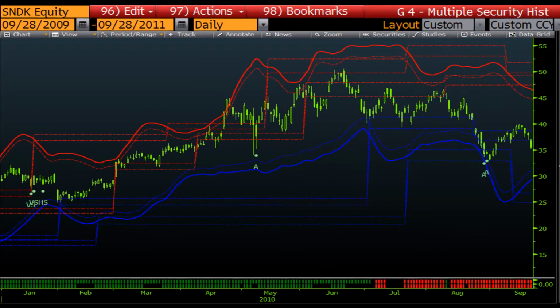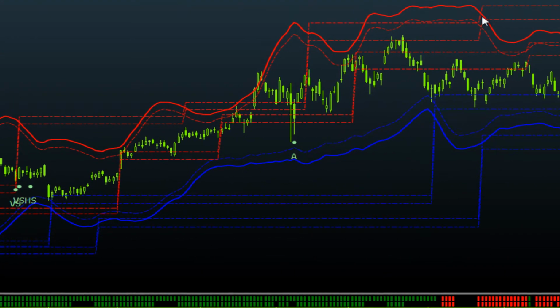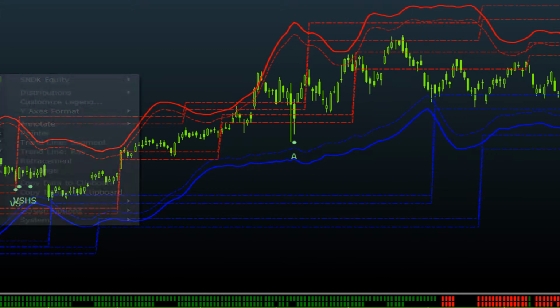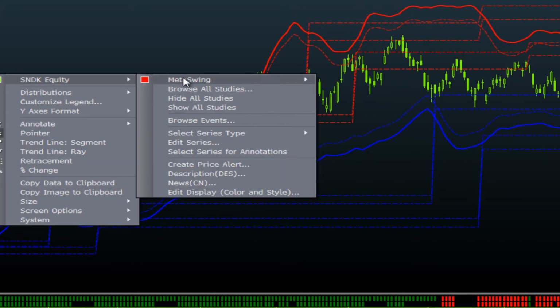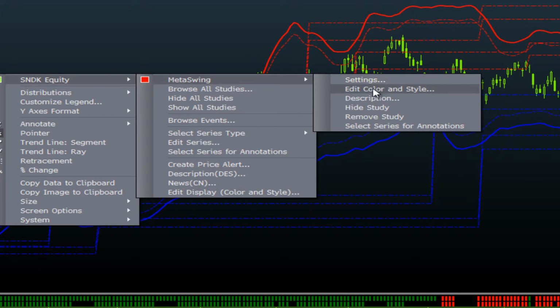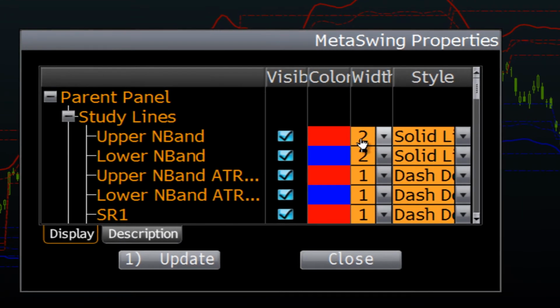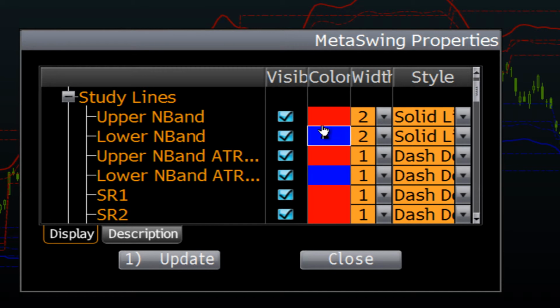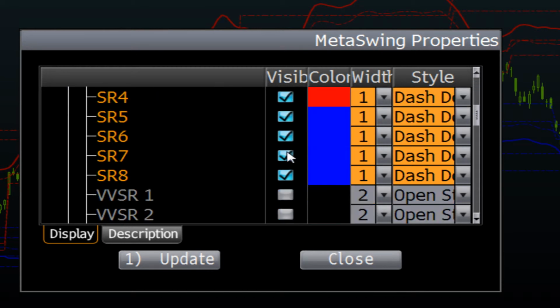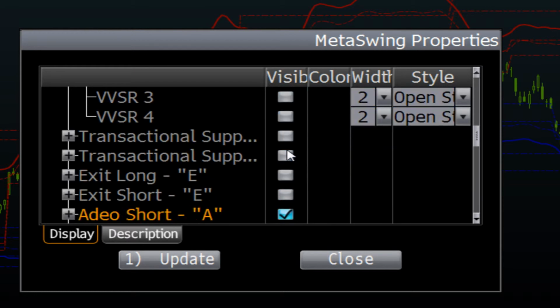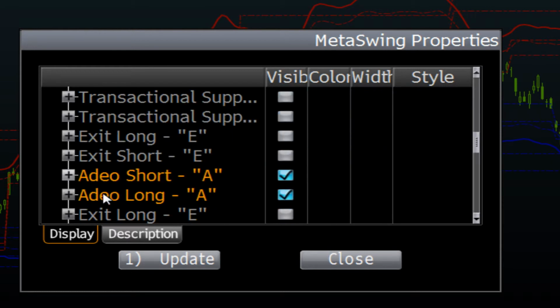Here's how to turn on and off the Adeo signals on the screen. Simply right-click, choose MetaSwing, go to Edit Color and Style. Scroll down the list. You can see we have upper and lower N bands and the SR lines enabled here. Come down to the Adeo short and long, make sure those are checked.